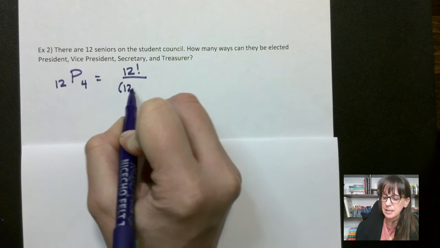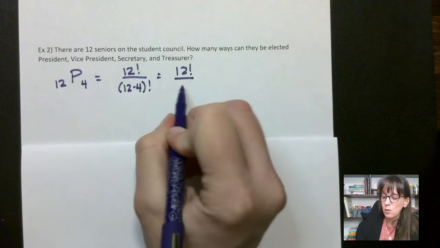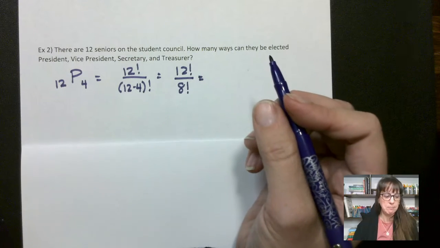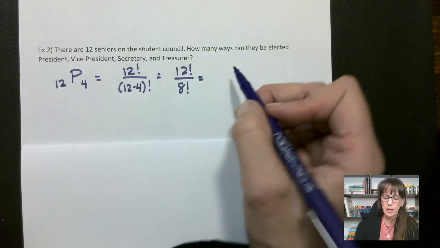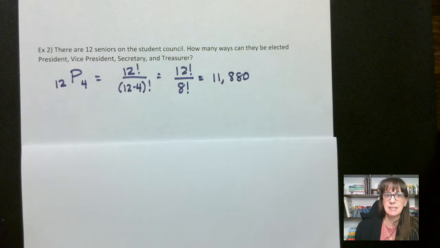So I'll write it down this time so you can see. So we end up with 12 factorial over 8 factorial, just like that. And if we plug that information in, we end up with 11,880 different ways that we can select those 12 seniors into the 4 unique positions.